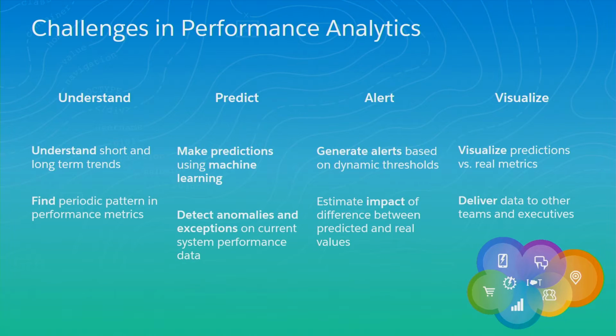And let's see, what are the challenges in performance analytics today? We are trying to walk through the process, essentially the trail that can lead from raw data that you can collect from a system, to understanding and analyzing that data, to making predictions on that data using machine learning algorithms, and to detecting anomalies and exceptions in your current system performance data.